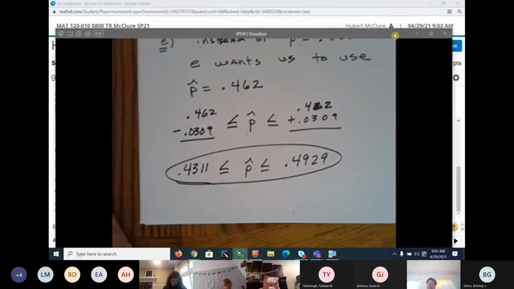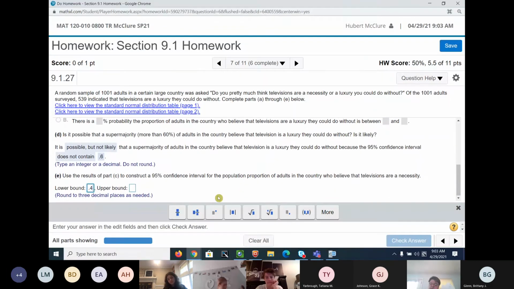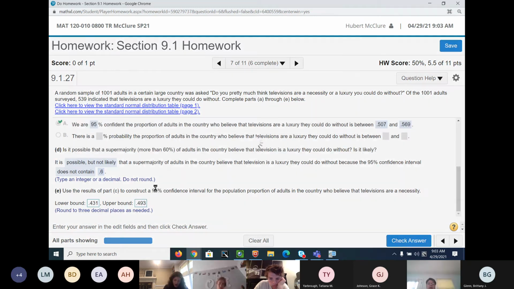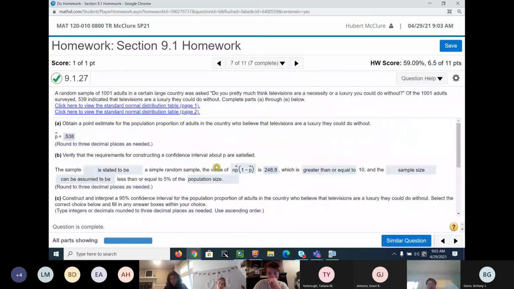I'm not going to ask you that on a test. Lower bound is 0.431. Upper bound is 0.493. Each one of these is a good test question individually, but I wouldn't ask this on a test because it's too long.